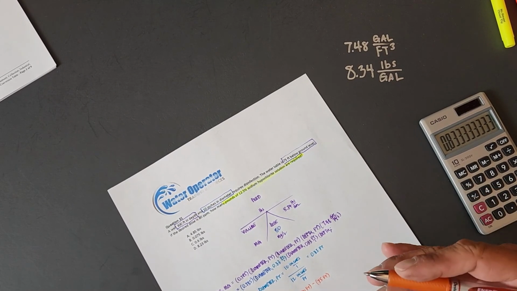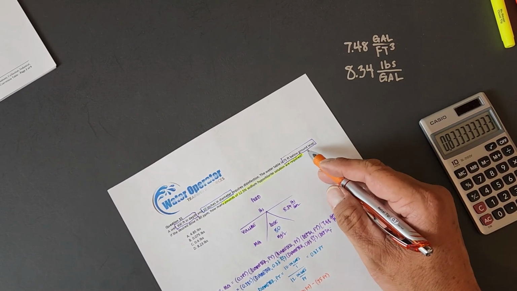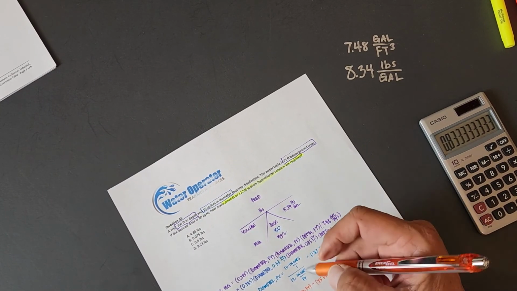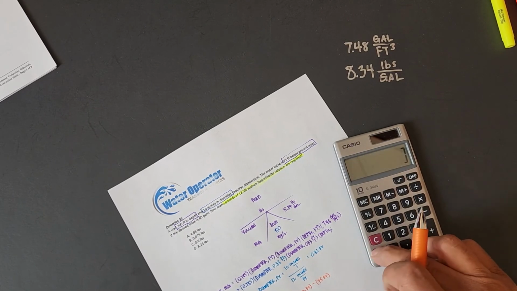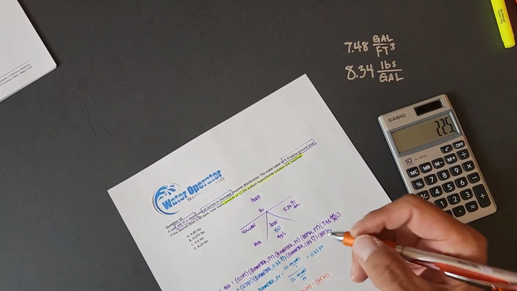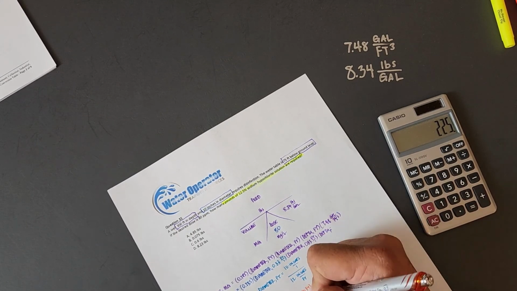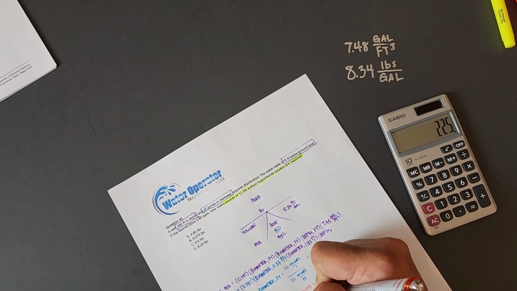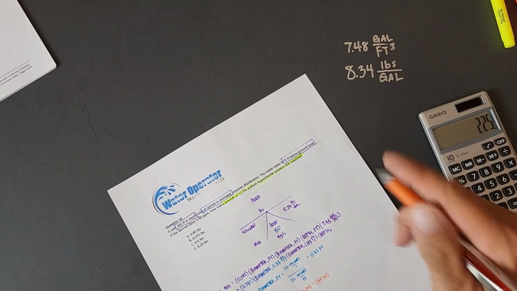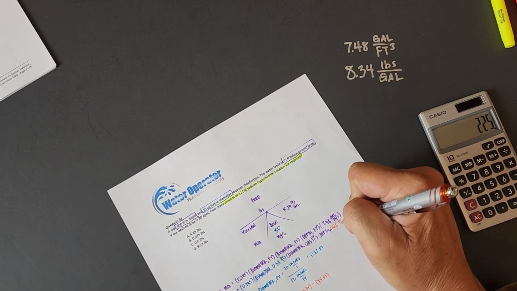The depth of the well is 300 feet. The water table is 75 feet below ground level. Quick math, 300 minus 75 gives us 225 feet. So let's write right here, 225 feet over 1.